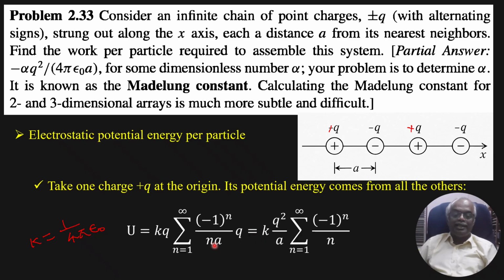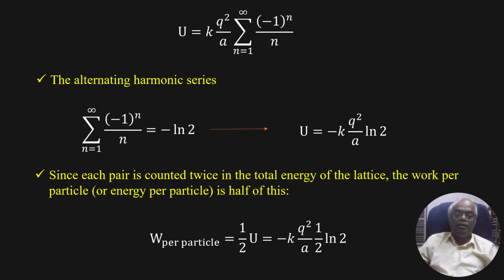So this can be written as k multiplied by q squared, and you bring a outside the summation because the running index is n. So this becomes summation over n equal to 1 to infinity of minus 1 to the power n over n. Now we have to simplify this. The potential energy is equal to kq squared over a times the summation from 1 to infinity of minus 1 to the power n over n.